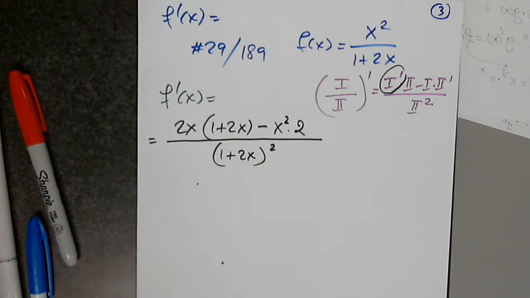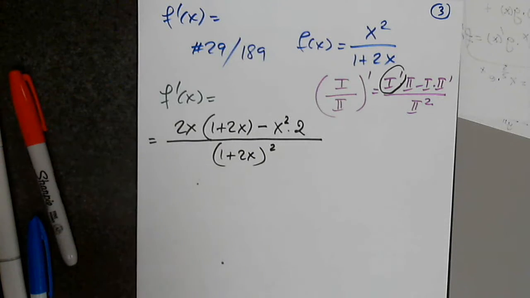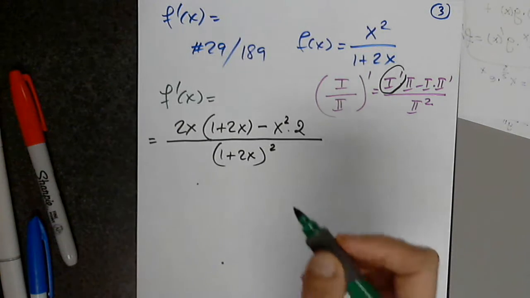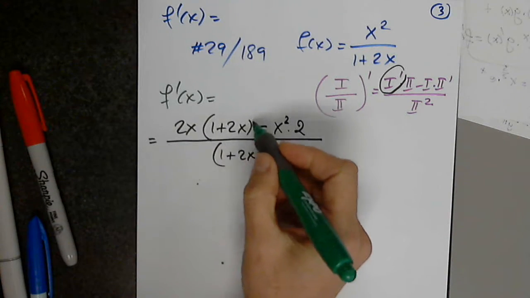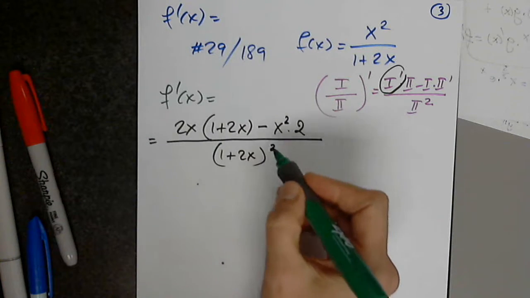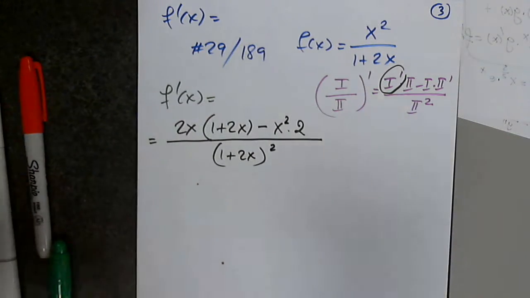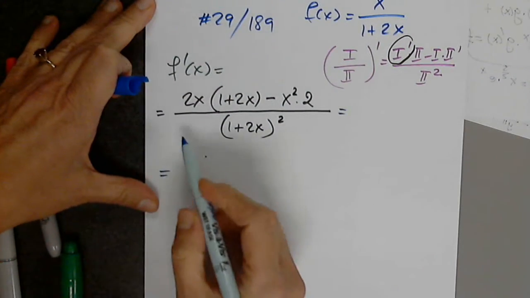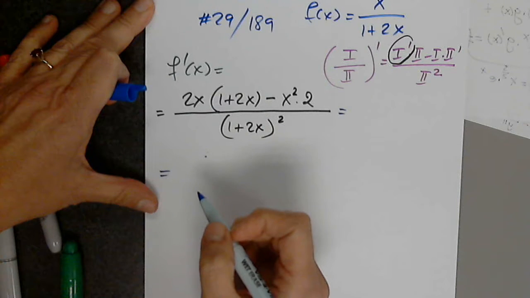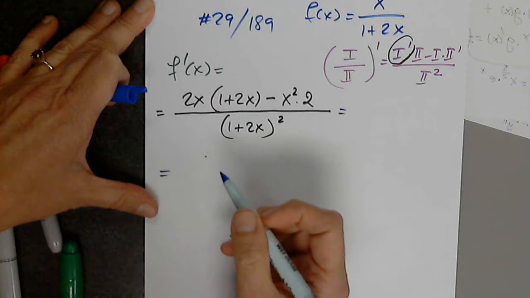Now be very careful because I've seen it before. How much credit should I give to a student who simplifies 1 plus 2x with 1 plus 2x from the bottom? 0 credit. Excellent. Thank you. I appreciate that. So then I will have to do what next? Then you have to distribute.